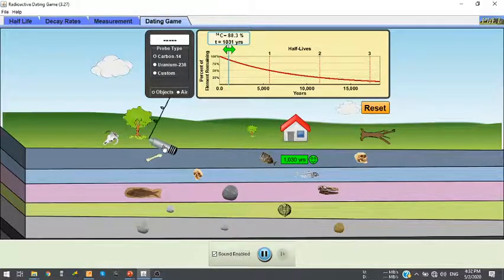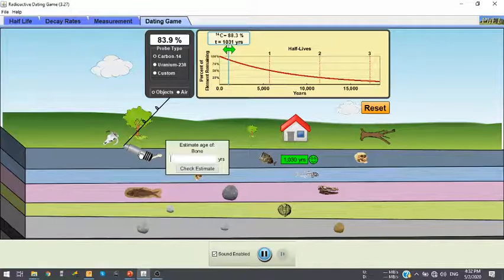So I am correct. And for this bone, we can get an estimation of 83.9, 83.9. So about 1400 years, 1412 years, 1420 years.